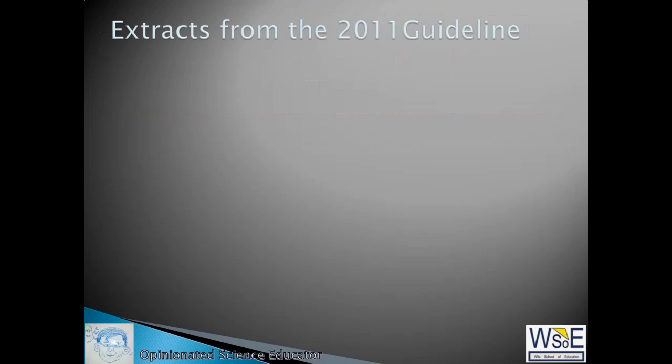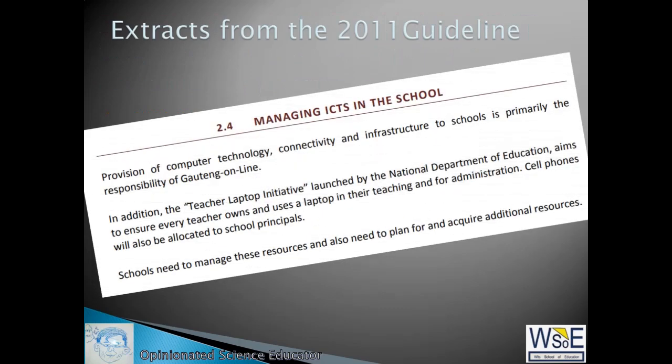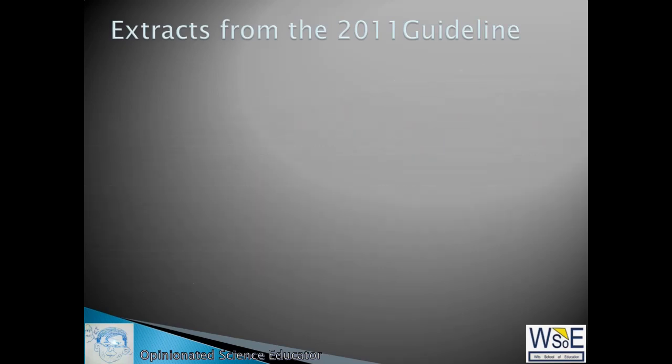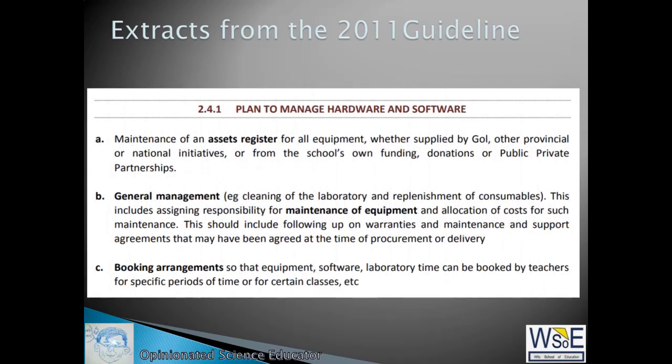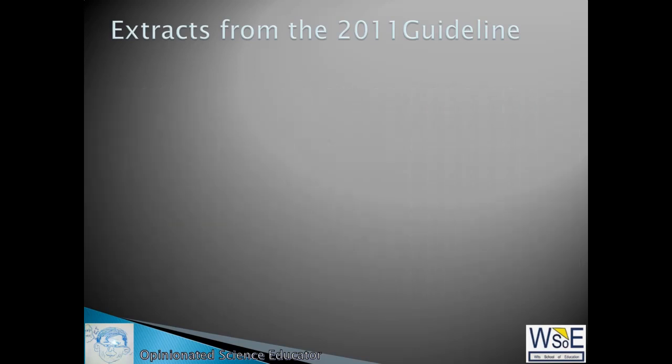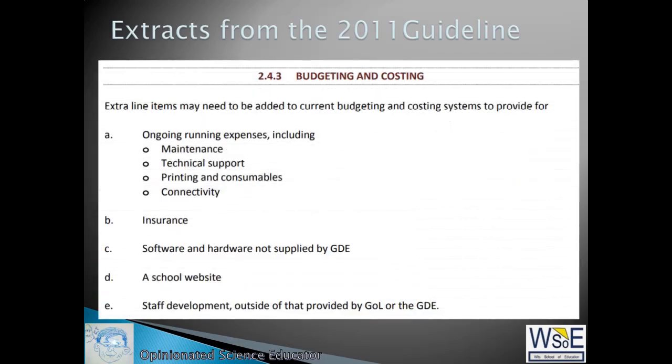So here are some extracts from the guideline. That is on managing ICTs in the school. And it is the responsibility of Gauteng Online, the teacher laptop initiative, that teachers need to take care of their laptops. Then there needs to be a plan to manage hardware and software, including an asset register, general management and maintenance, and so on.